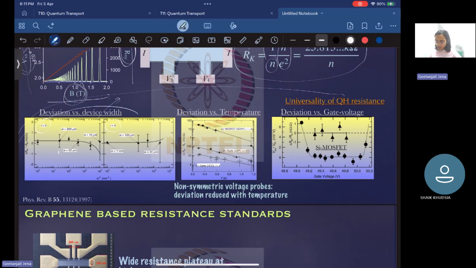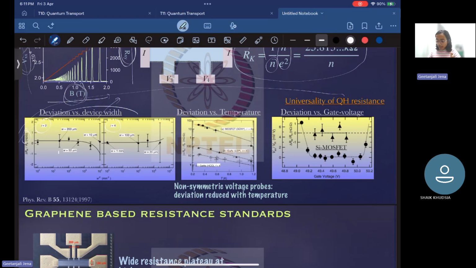From the first plot, you see this delta R by R is in the order of nano ohm per ohm. So the errors are in the order of nano ohm per ohm. If you have a value of resistance, the error will occur at the ninth place after the decimal. So the error is quite minimal, and we can neglect this kind of error.